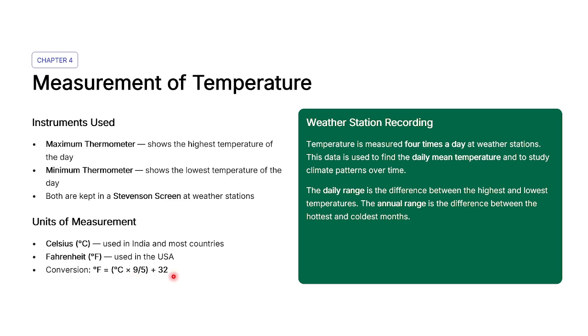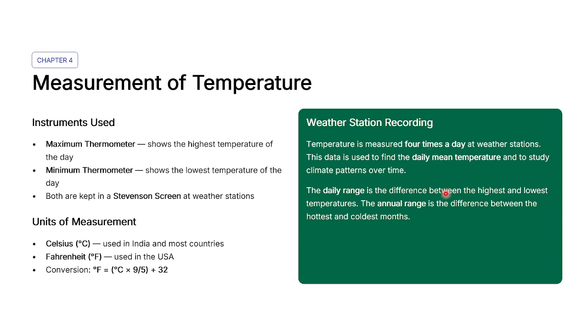Sometimes they may ask in the TET examination about weather station recording. Weather stations use the Stevenson screen to record the temperature. The temperature is measured 4 times a day at the weather station.